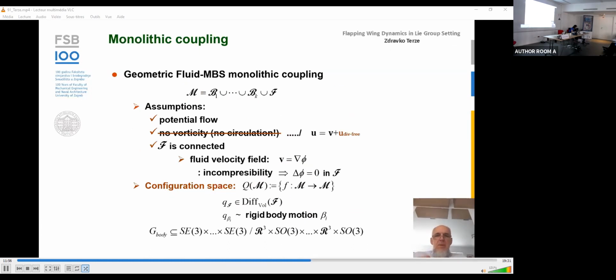Later, we will relax no vorticity assumption, meaning that according to Helmholtz-Hodge decomposition theorem, we will add divergence-free velocity field coming from a circulatory flow to already existing Laplacian flow.